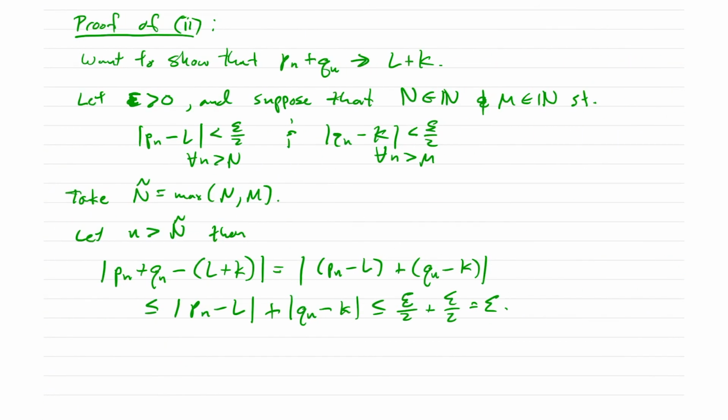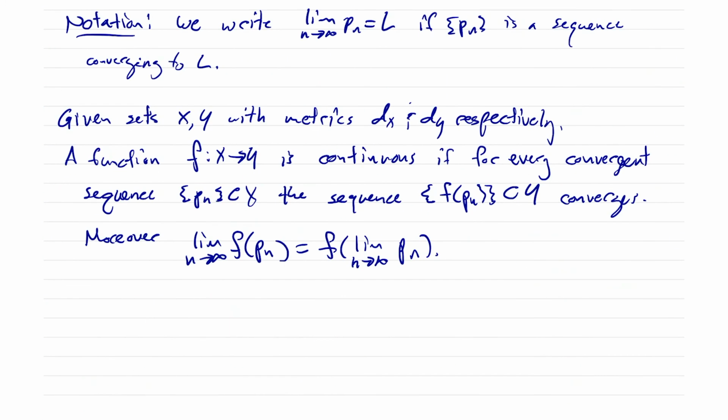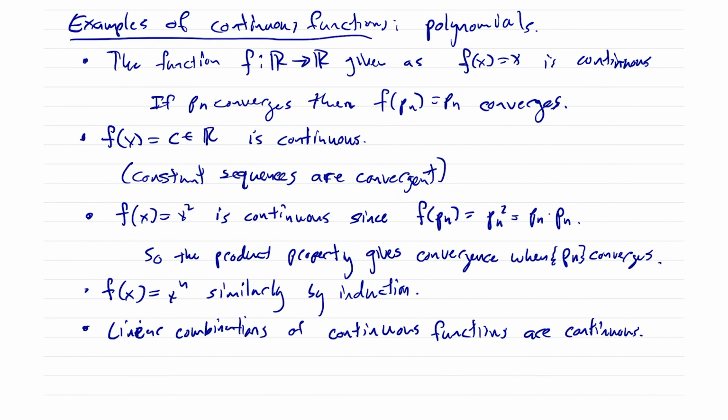So very straightforward to show polynomials are continuous. Okay, so good. So what do we know then?